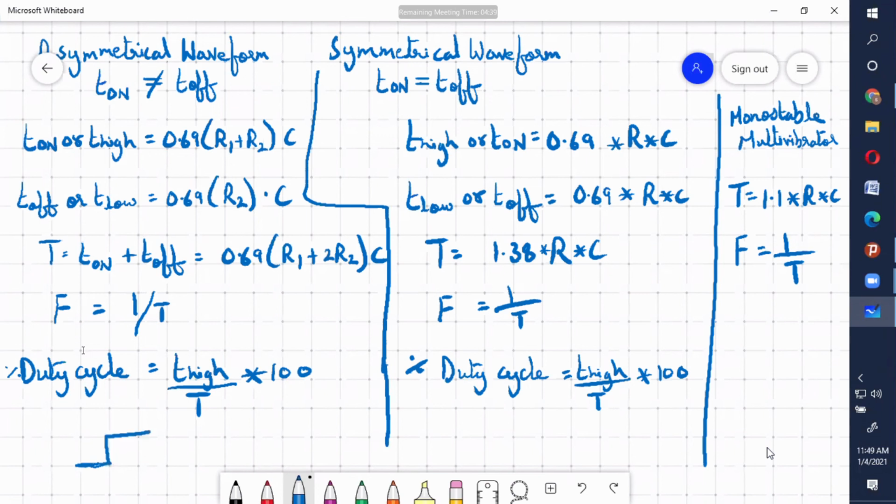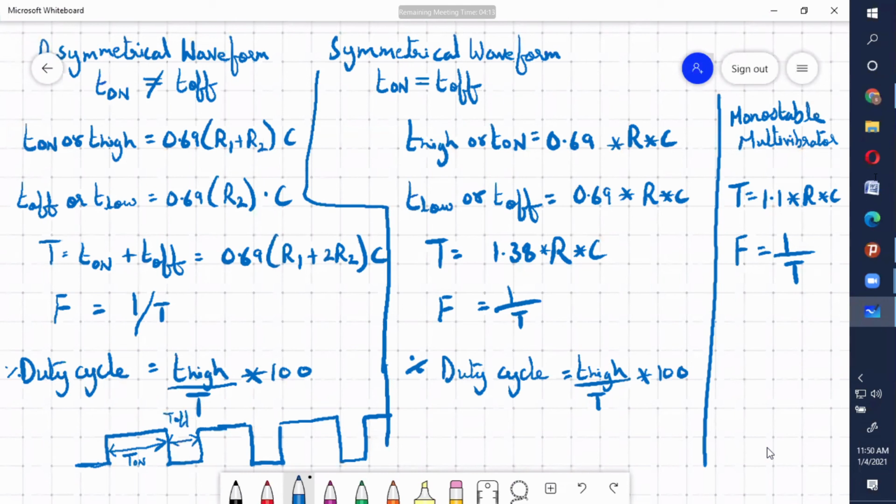So this is your T on, this is your T off, so this is asymmetrical.